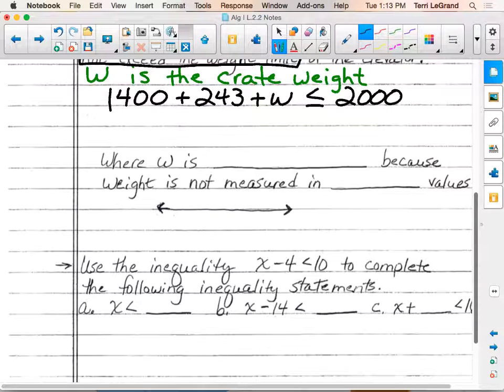Is that what I heard? Yeah. Okay. So here's what this tells me, without me looking above at anything. This tells me that there's 1,400 pounds on the elevator, plus another 243 pounds on the elevator, plus another W pounds on the elevator, and it can't weigh any more than, but it can weigh up to 2,000 pounds.